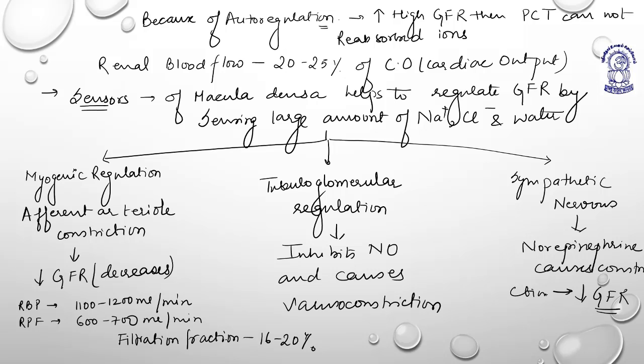If a person is suffering from diabetes mellitus, the glucose level in blood has raised, the renal threshold, that is known as TM, or renal threshold, maximum threshold. The renal threshold is 180 milligrams per deciliter.